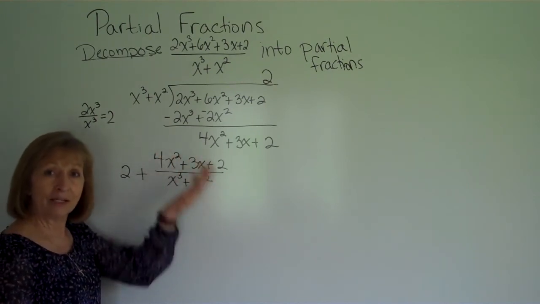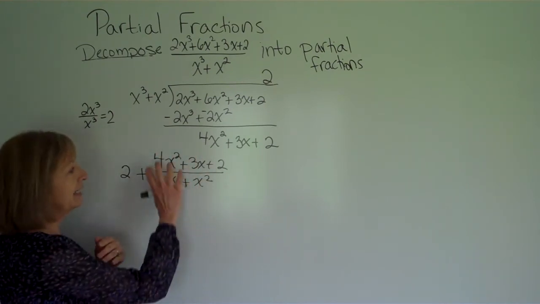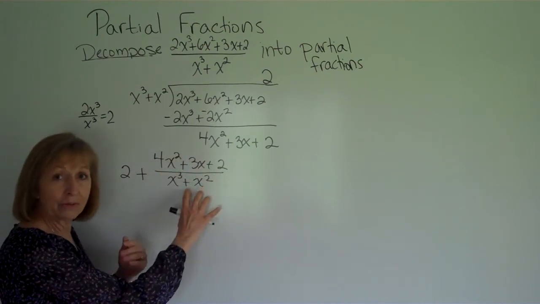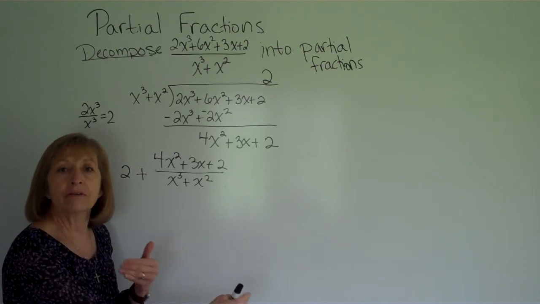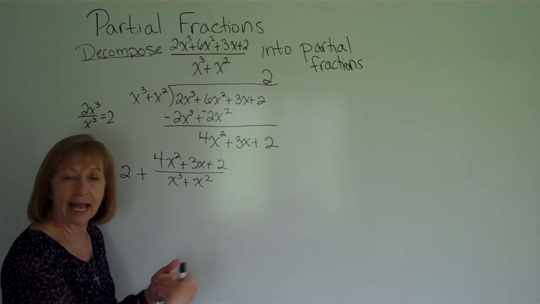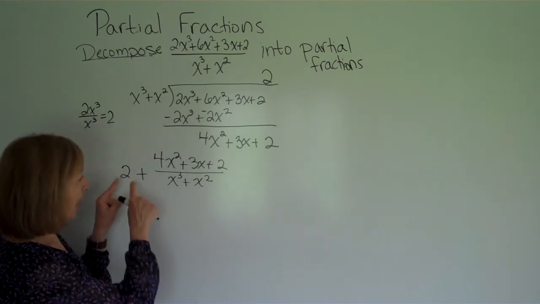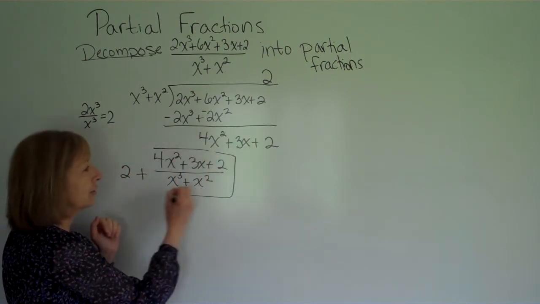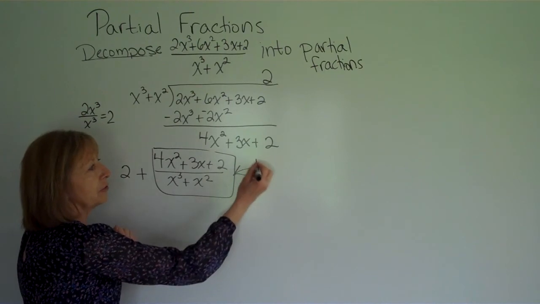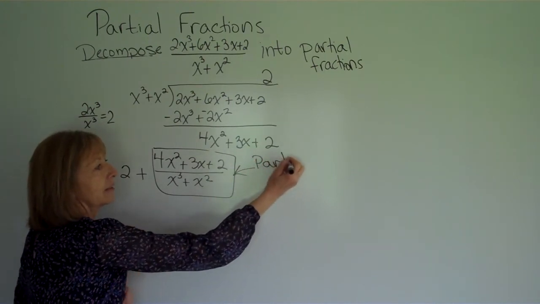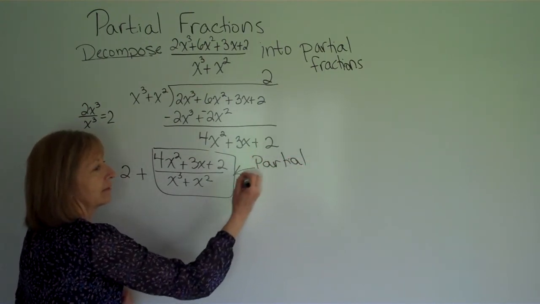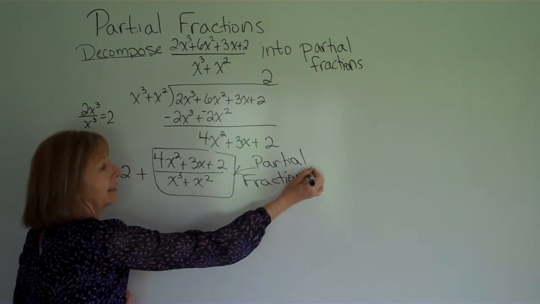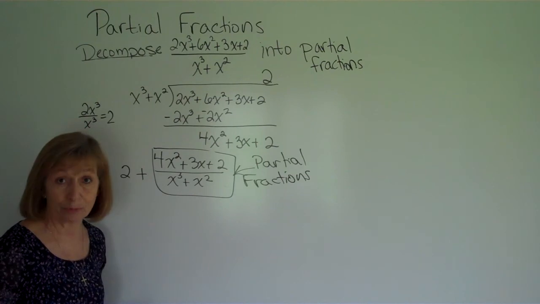But this remainder over divisor is a fraction that I can decompose into separate fractions added or subtracted that have a lower degree. So I'm going to keep bringing that 2 plus, but we are actually going to look at doing the partial fractions of that remainder over divisor part of it.